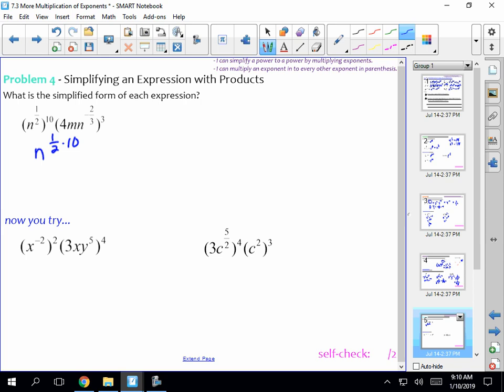And then here with the 4m n to the negative 2/3, we're going to take the 4. What's the power on the 4? It's a 1. Right? So we're going to multiply the 1 times the 3. The power on the m is also a 1.